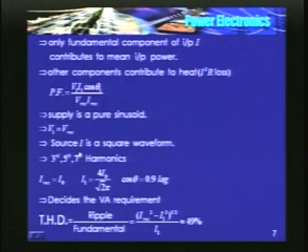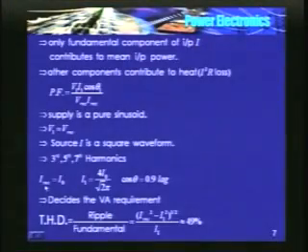Source current is a square waveform. The third, fifth, seventh, all harmonics are there. We have assumed that load is highly inductive. The load current remains constant, whose magnitude is I naught. So, the RMS value of the source current is I naught itself.